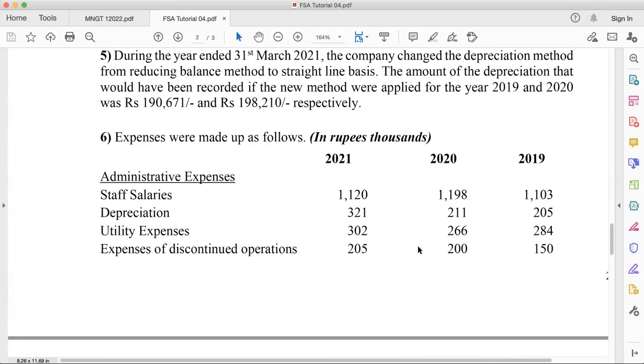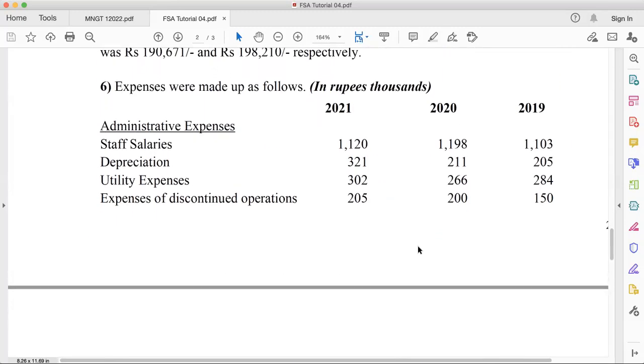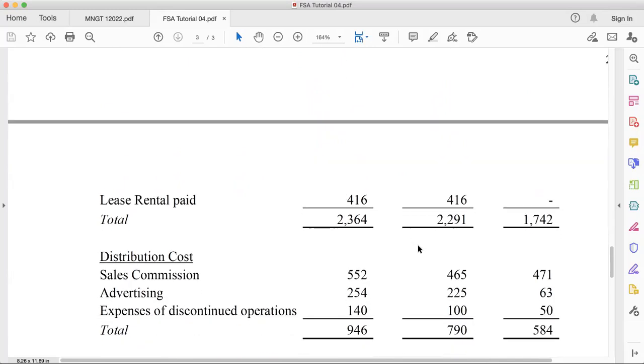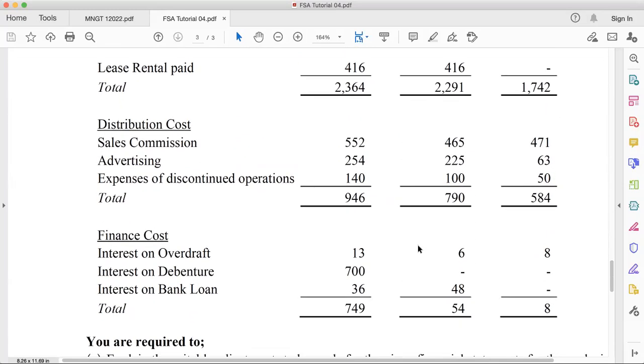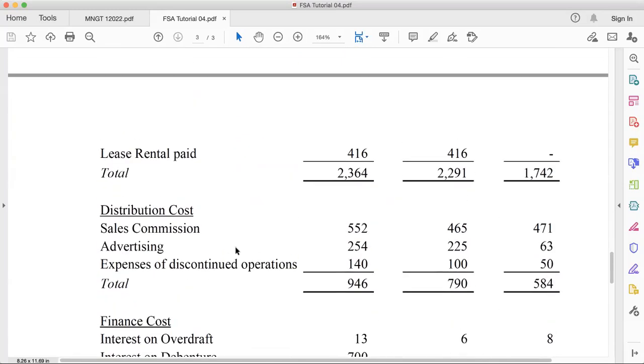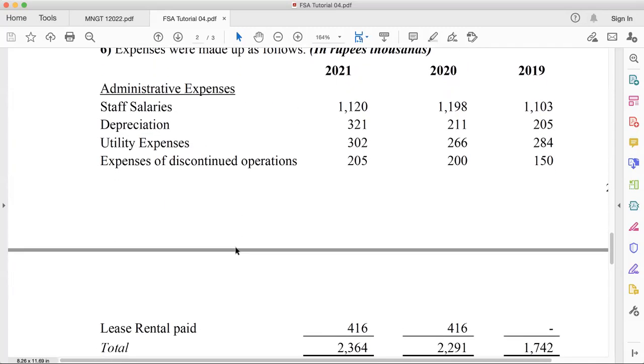If you see additional information number 6, under administrative expenses, you see lease rental paid.